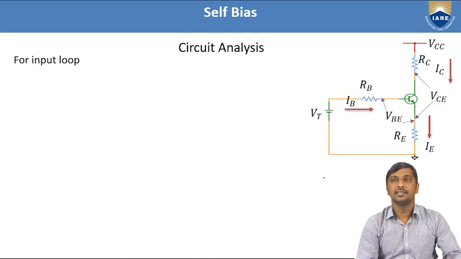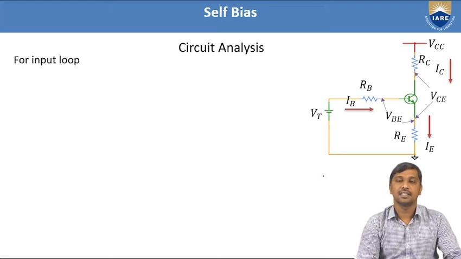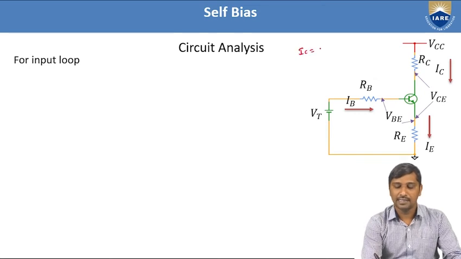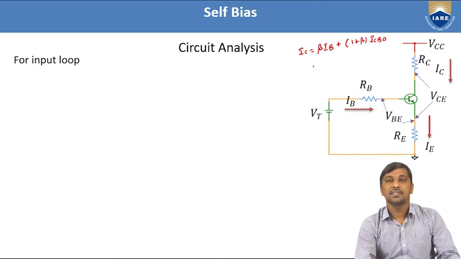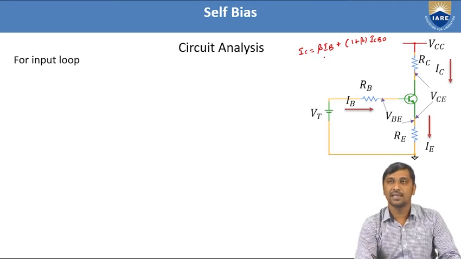Now we are going to analyze the circuit operation to determine the operating point in terms of collector current and output voltage VCE. First, we know that IC is beta times IB plus 1 plus beta times ICBO. From the common emitter configuration, the collector current is beta times IB plus 1 plus beta times ICBO, where ICBO is the reverse saturation current when the collector base junction is open circuited.